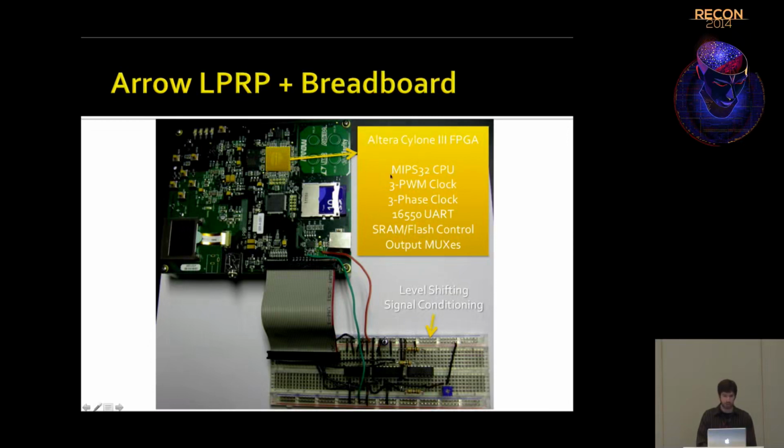I threw in a MIPS 32 soft CPU, my poly PWM generation, my poly phase clock generation, a good old 16550 UART, SRAM and flash drivers, and output muxes, which are just the muxes that let you select your clock, slow or fast, whatever. And the breadboard is basically just doing level shifting and signal conditioning to and from the FPGA.